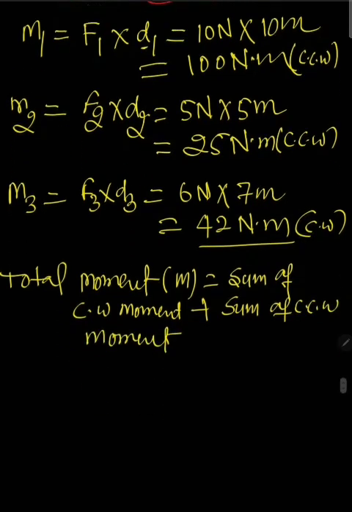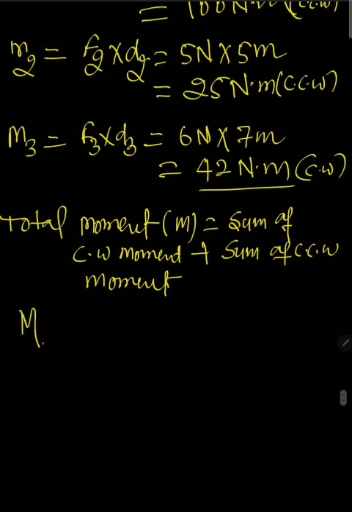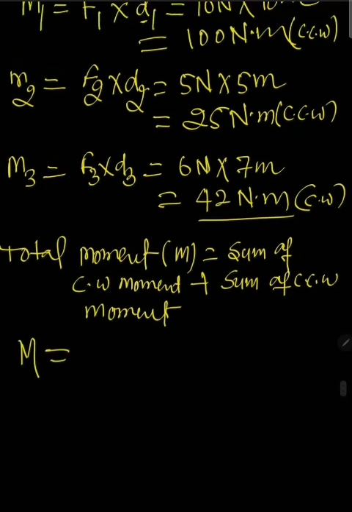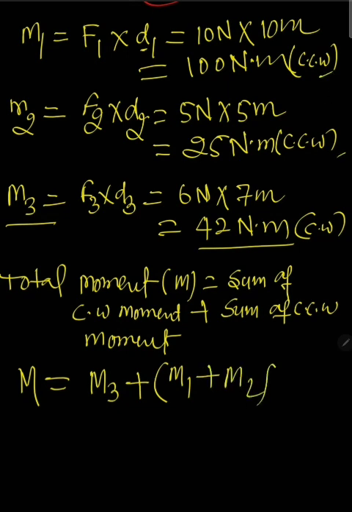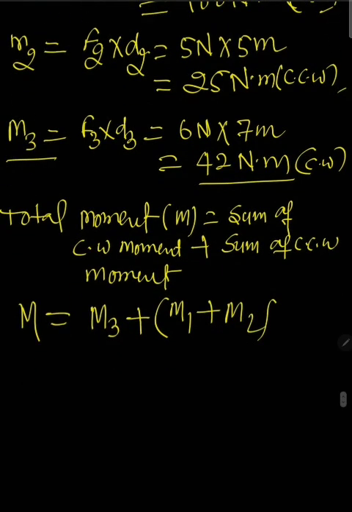So this one is called total moment. So M will be equal to the clockwise moment, which one? M1 and M2, oh sorry, M3 is the clockwise moment. So write down M3 plus anti-clockwise moment, which is M1 plus M2. These both are counterclockwise or anti-clockwise moment. So this one is total moment.